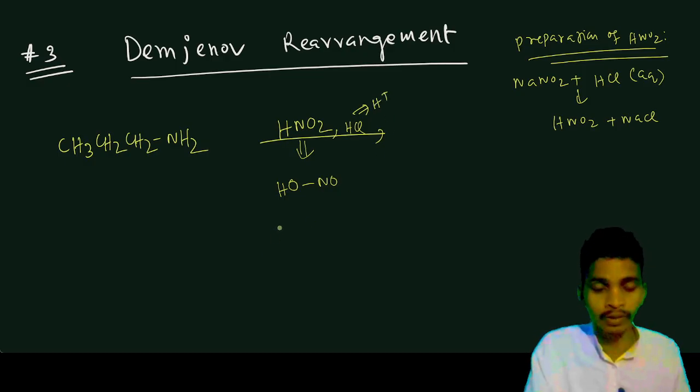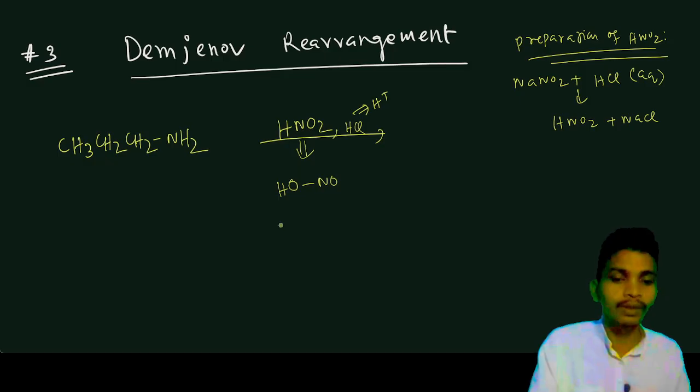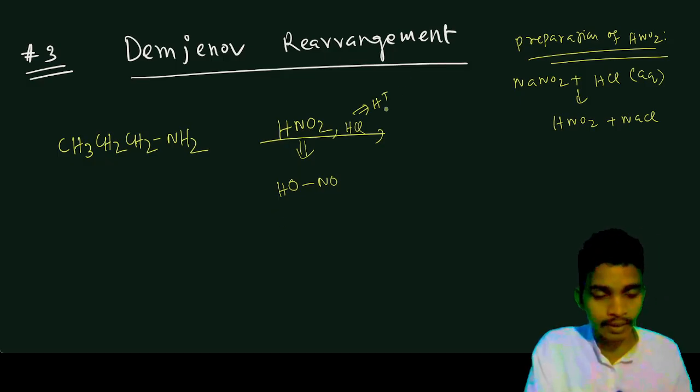I have talked about this in chemical equilibrium also, that strong acids are usually dissociated to H plus and Cl minus. Acid is there, and here lone pair is there, and this lone pair will attack this proton.